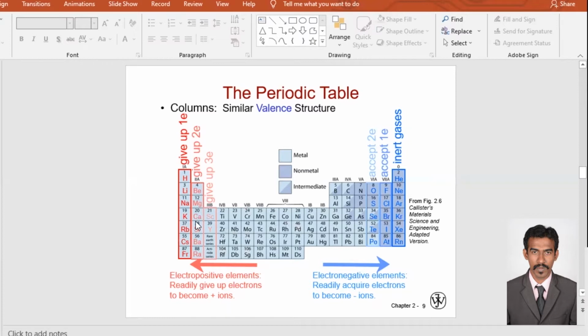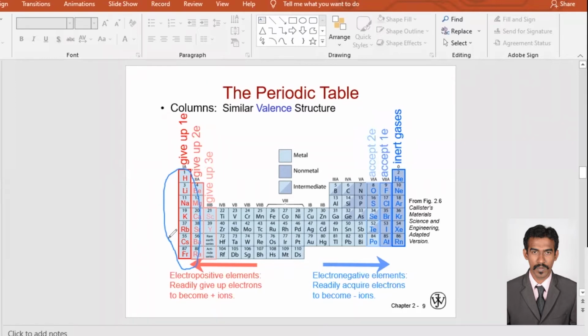Why? Because in their final energy level, the electron is finishing with S. If you take hydrogen, that is 1s1. Lithium is 1s2, 2s1. Beryllium is 1s2, 2s2.